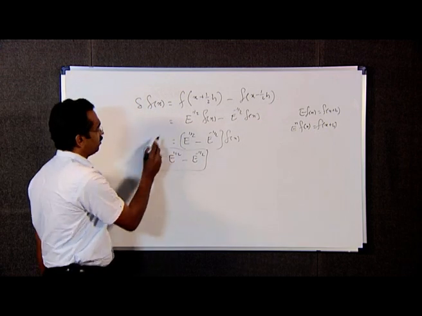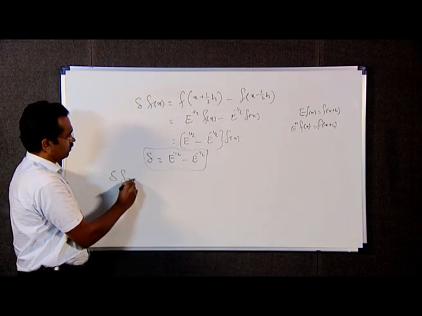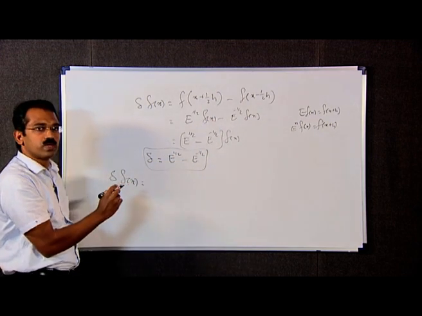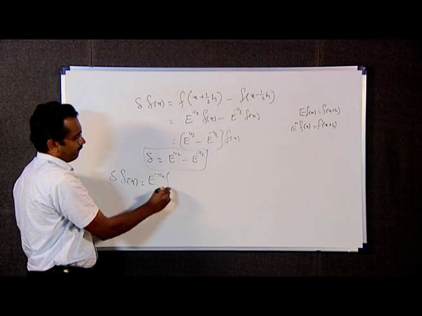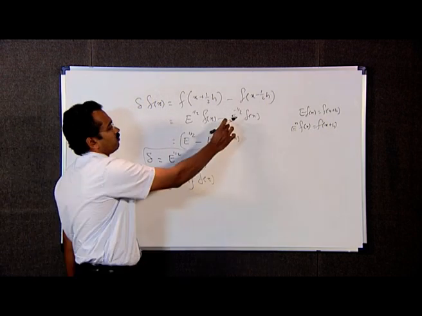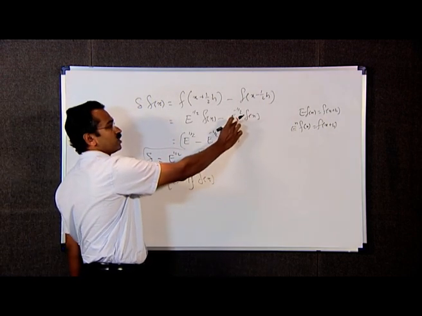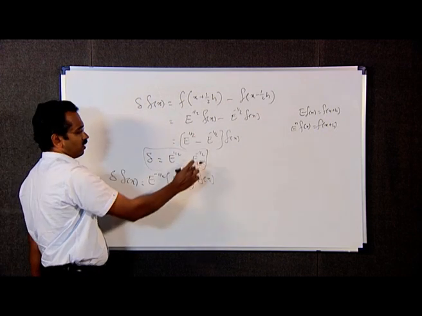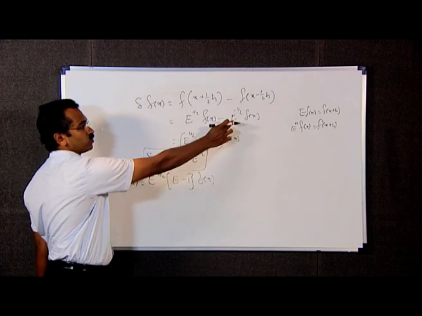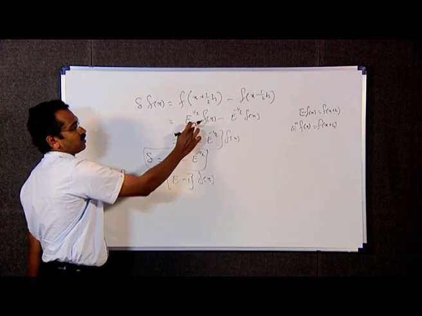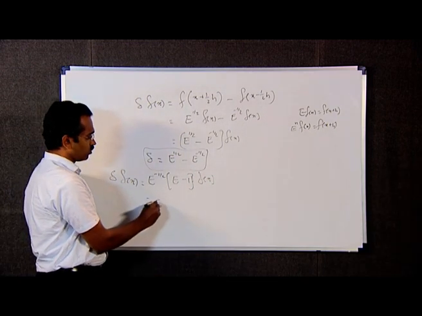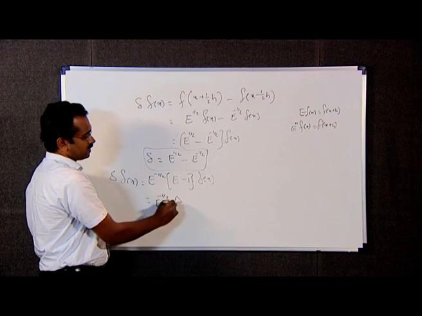Further, we have del f of x is equal to e raised to minus 1 by 2 into e minus 1 of f of x. From here, we take e raised to minus 1 by 2 in common. Therefore, we have del f of x is equal to e raised to minus 1 by 2 into, here 1 becomes e, that is e raised to 1 by 2 minus e raised to minus 1 by 2. This is delta.